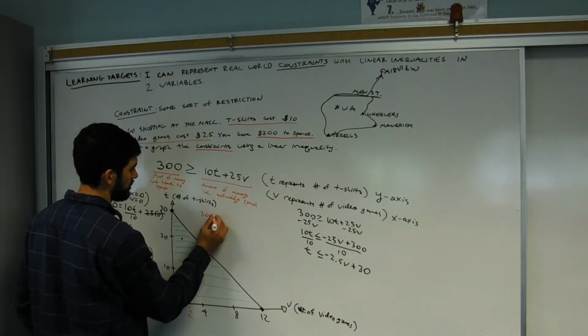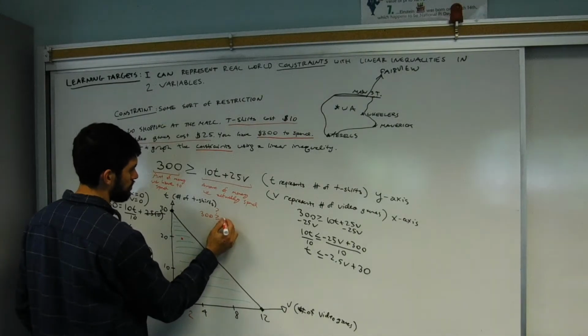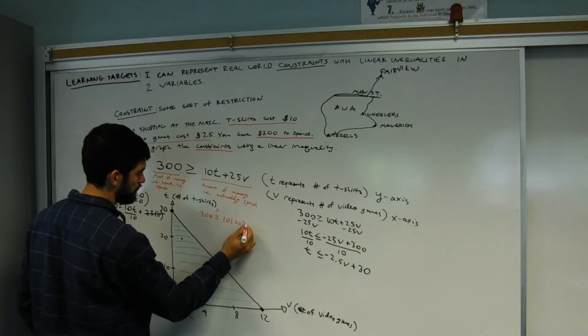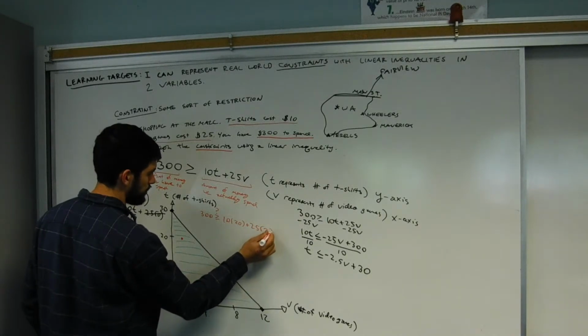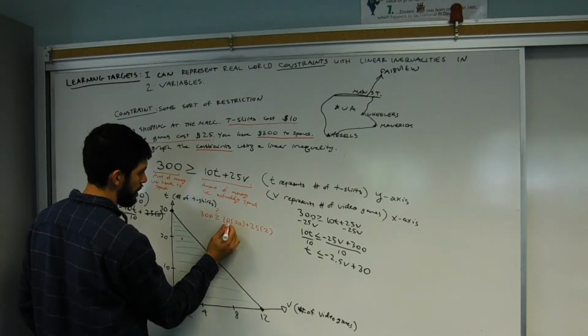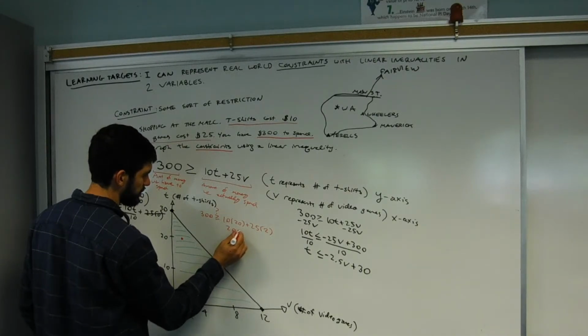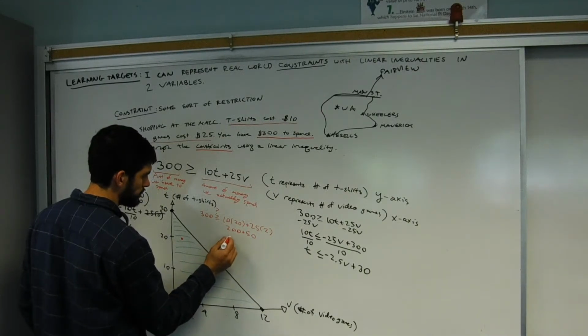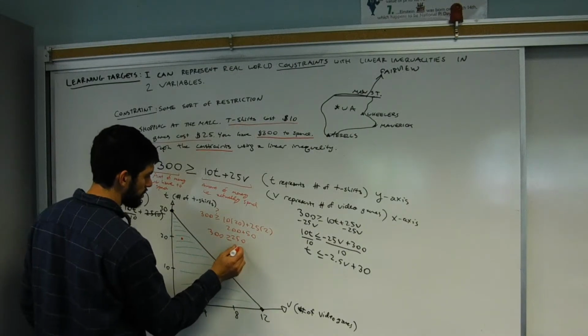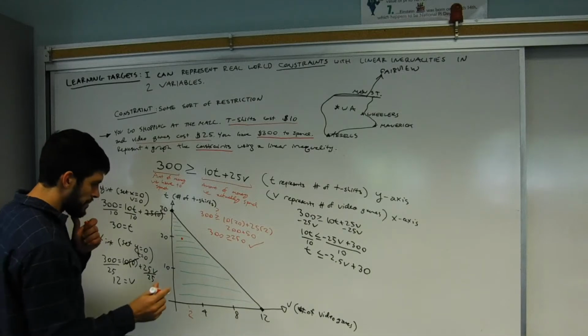We could have 300, 10 times 20, so that would be 200 plus 50, and you see that makes sense, right? So we could buy that many.